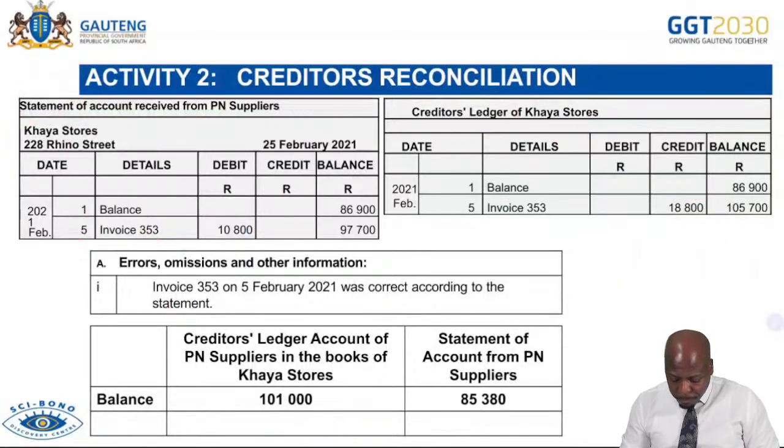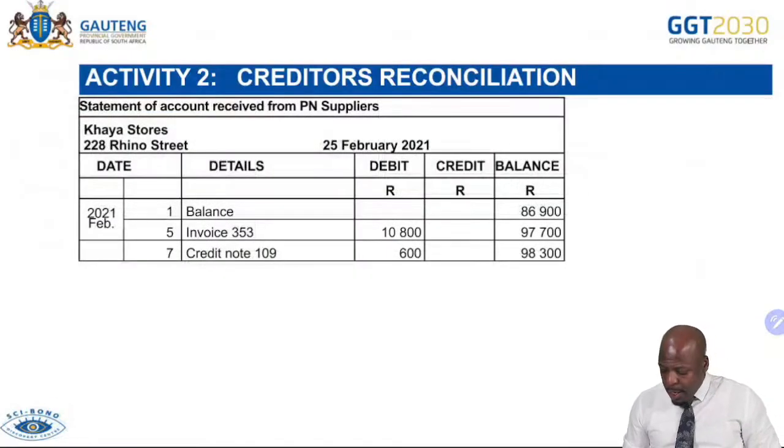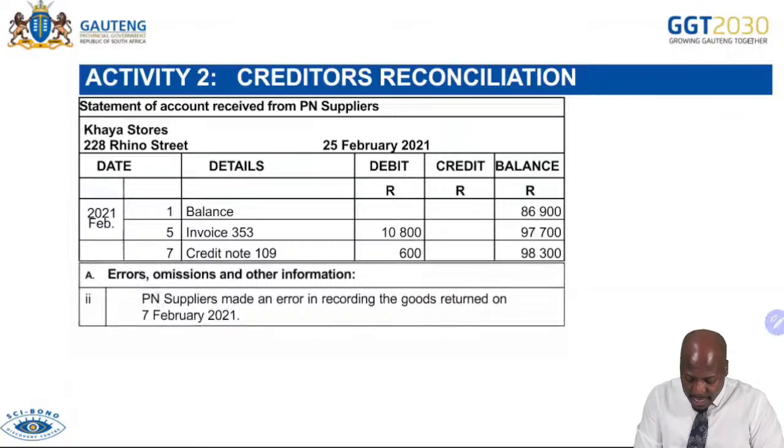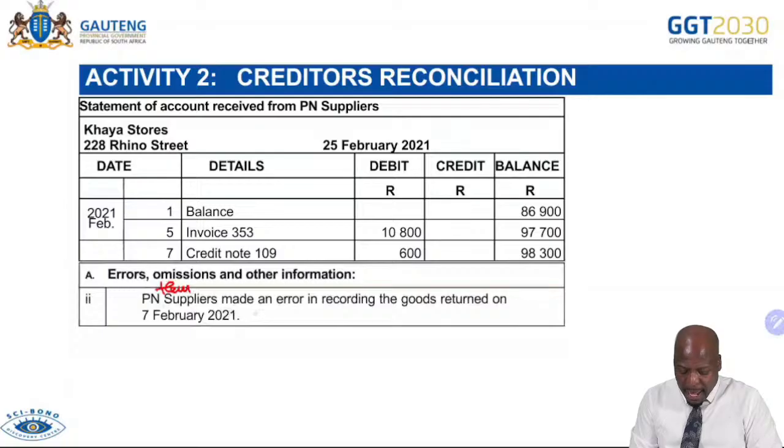Here's the next one. Error number two reads, PN Suppliers, that is them. They made an error in recording the goods returned on the 7th of February. Remember, we spoke about this one. Here is the goods returned on the 7th.